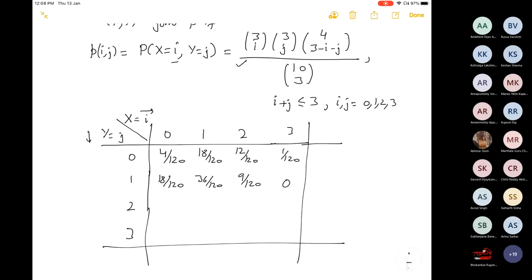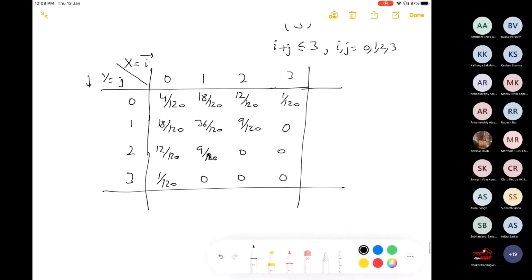Similarly, this will be 12 by 120, 9 by 120, and 0, 0. And this is 1 by 120, then 0, 0, 0. Why 0, 0, 0? Because these values come to be more than 3, which is not possible. So in this fashion, you can find the values.